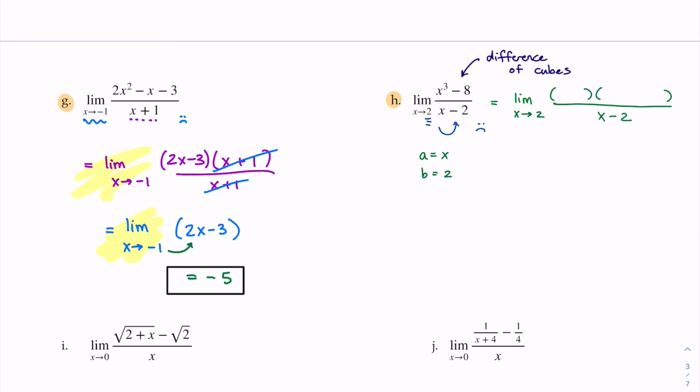So we know that one of the factors, thank goodness, up here is x minus 2. And then they said the remaining factor would be a squared plus a times b plus b squared. So, well, that is x squared plus 2x plus 4.